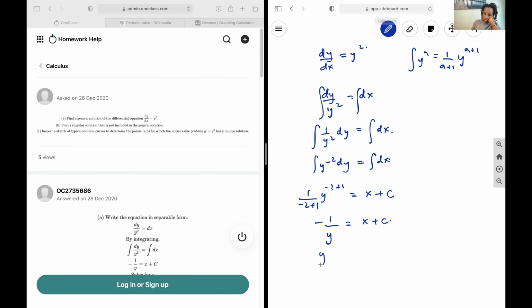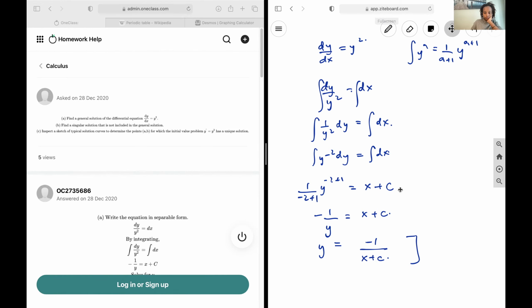If we rewrite that, we can get y is equal to negative 1 over x plus c. You just bring the y to this side and the x plus c to the other side. And so this is going to be your general solution to the differential equation.